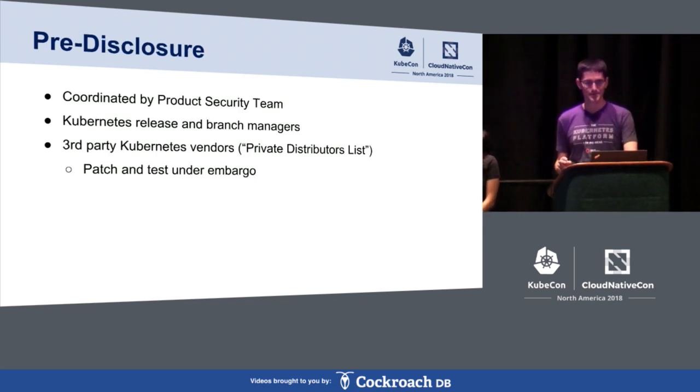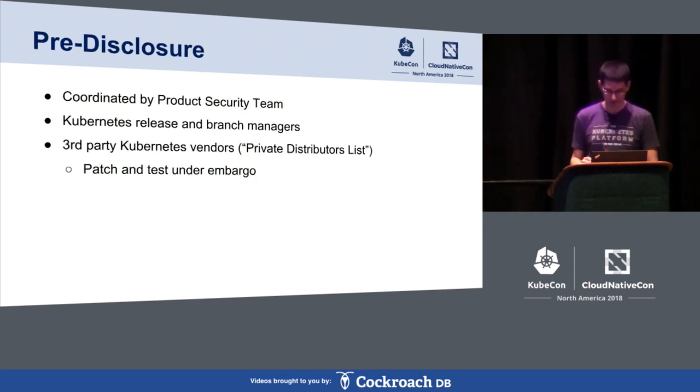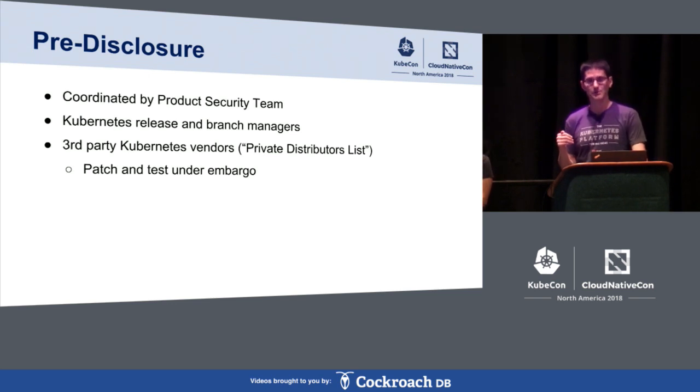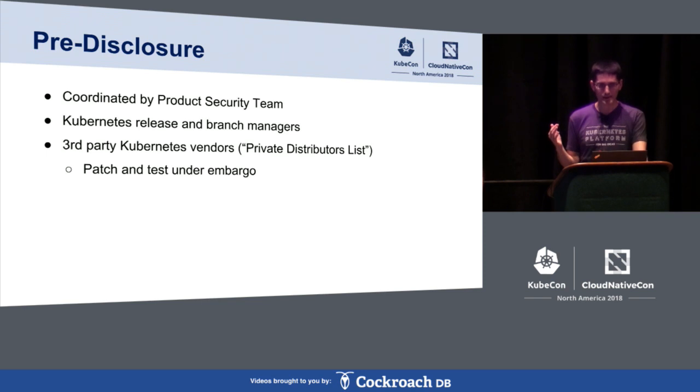When we had the fix, it was time to start thinking about releasing it. And again, it was coordinated by the product security team. Me as a developer, I just follow orders. And the product security team talked to all the branch managers about when it's a good time to release the fix. And also the security issue could be announced to the private distributors list, which is a list of third-party Kubernetes distributors.